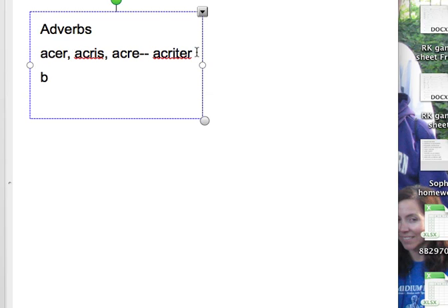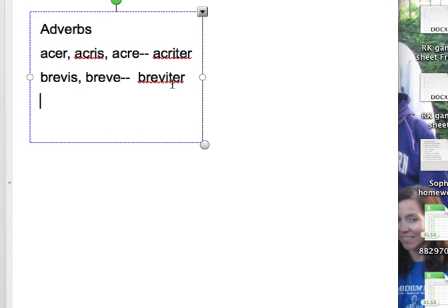Let me give you another third declension adjective. All right? Brevis, breve, which means short. Okay? Again, it's a third declension adjective. So the adverb is going to be breviter. Now, what does that ultimately mean for us? And by the way, if brevis, breve means short, breviter means shortly.